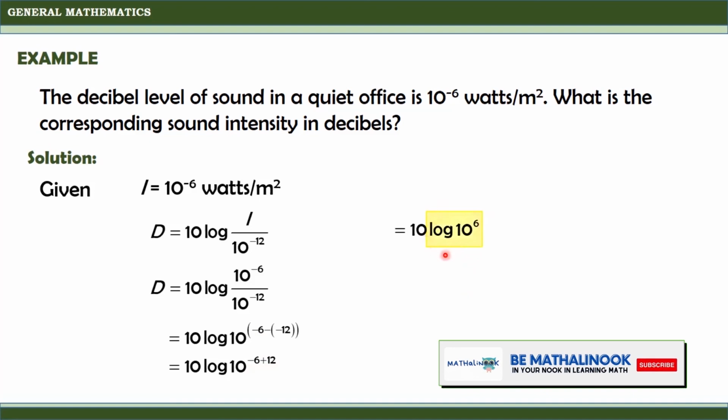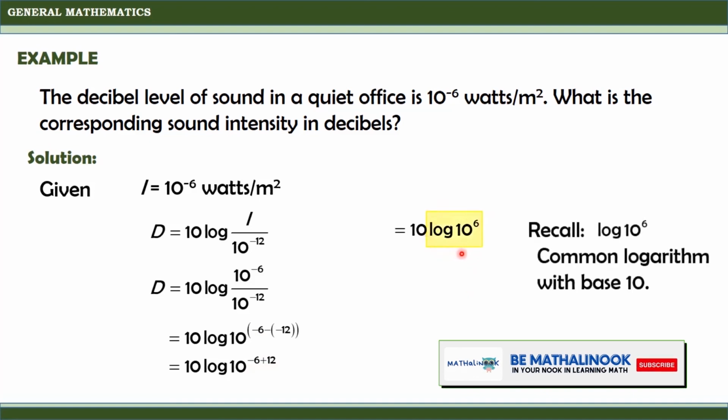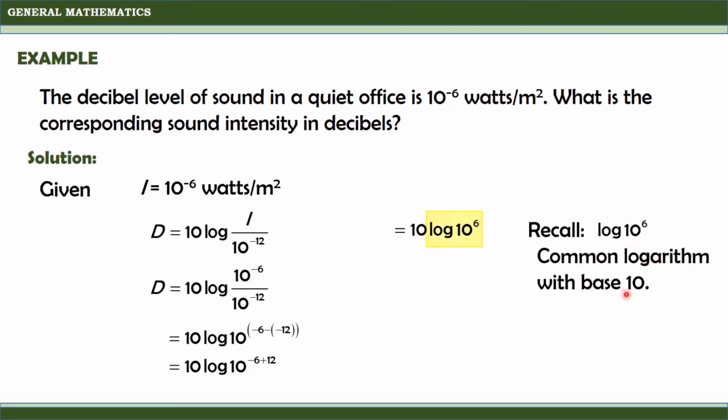Looking at this expression, recall that logarithm of 10 raised to 6 is actually a common logarithm with base 10. Therefore, evaluating this expression, logarithm of 10 raised to 6 is actually equal to logarithm of 1 million to the base 10.